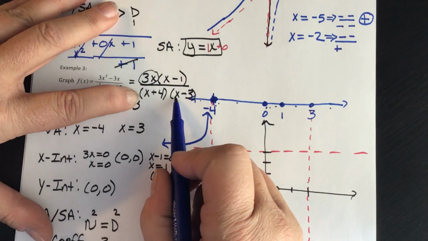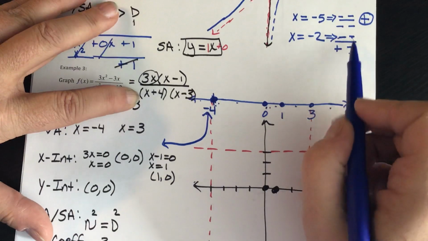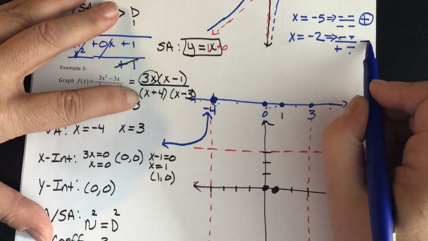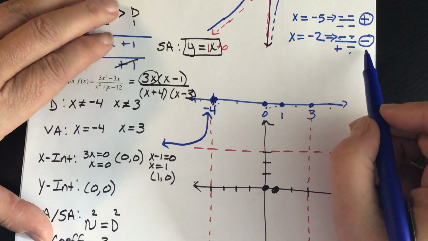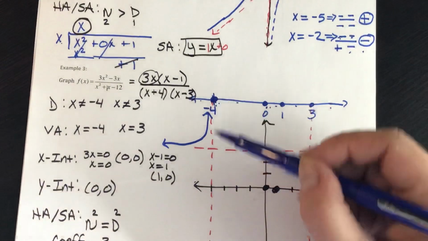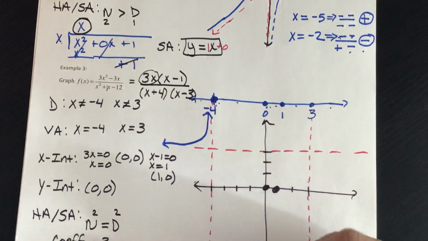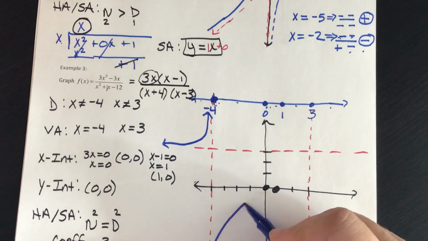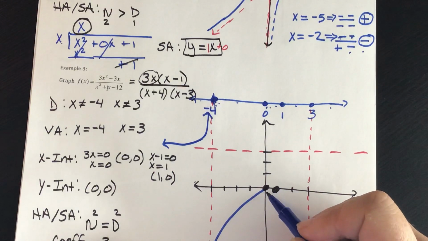And negative 2 minus 3 is negative. So because I have an odd number of negatives, in this area my y values are going to be all negative. All right, so what that means is to the right of negative 4, my y values are going to be negative, and it's going to approach my x and y intercept at the origin.